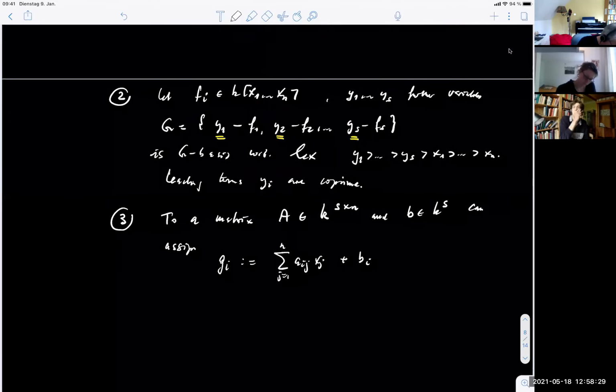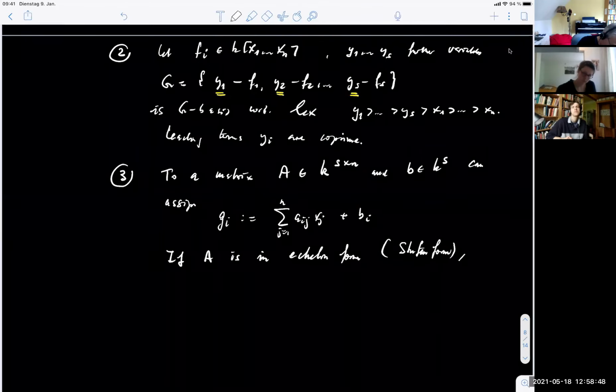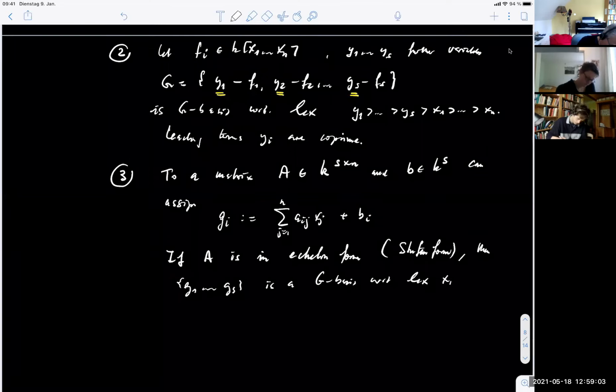If A is in echelon form, Stufenform, or sometimes Treppenform, then g1 up to gs is a Gröbner basis with respect to lex, when I order as follows.